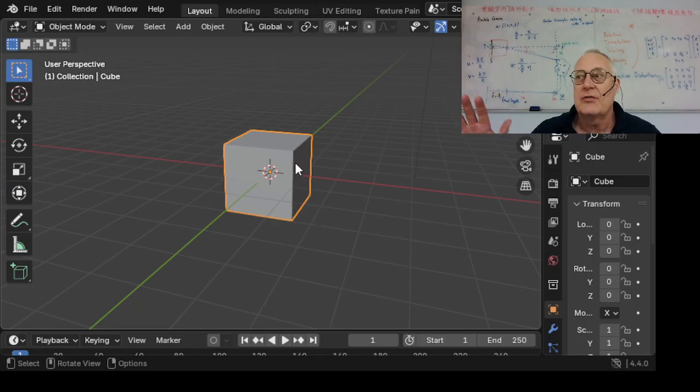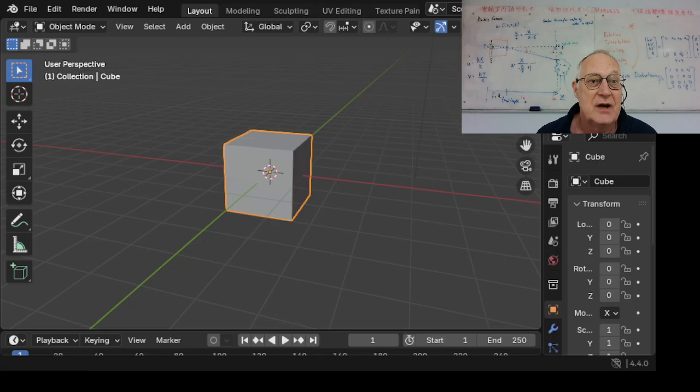In fact, the winner of last year's animation Oscar. So Oscars just happened yesterday, I believe. A huge thing big in Hollywood. The animation was actually done for Blender for the winner 2025, which is called Flow.